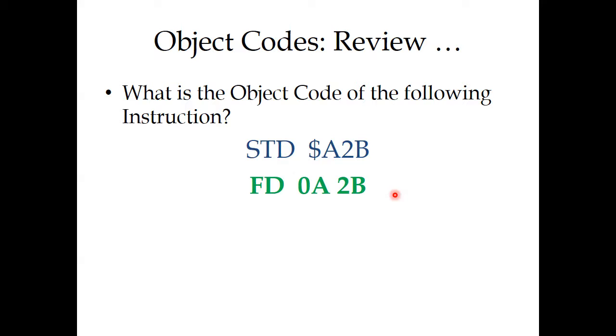So we write the first byte, then a space, the second byte, and again a space, the third byte. But remember, the second and third bytes are both operand. Only the first byte is your opcode. The opcode is always 1 byte, and we got it from column 5. Any question here?